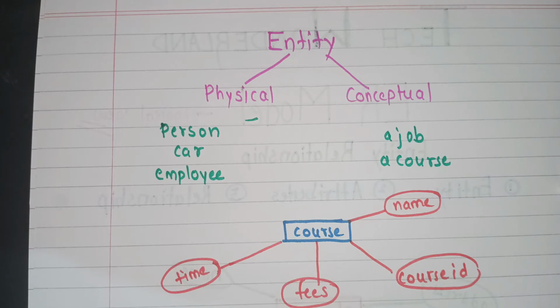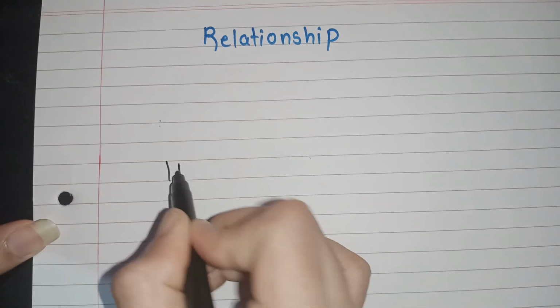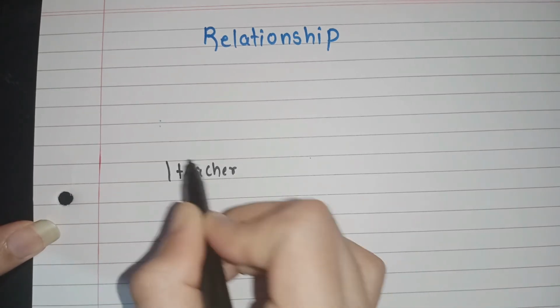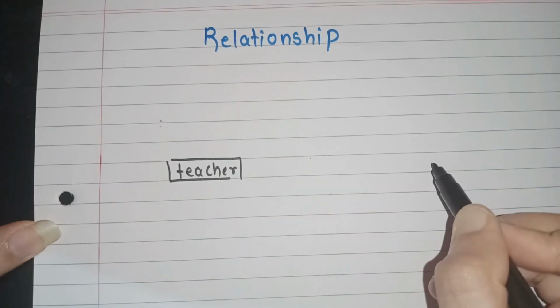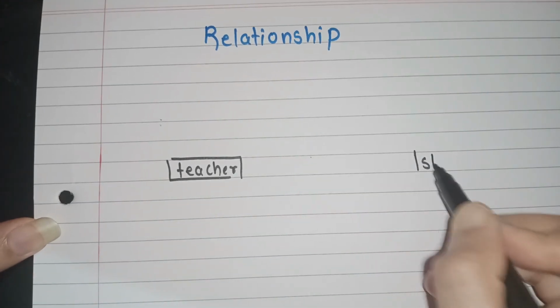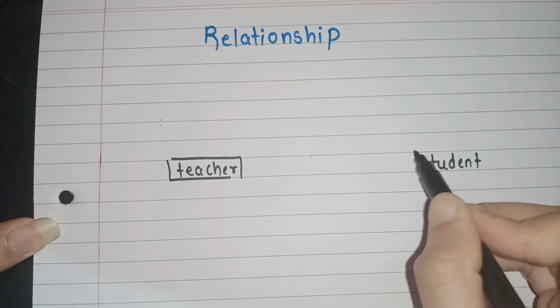Now let's see relationship. Suppose there are two entities which are, one is teacher and another one is student. Okay.